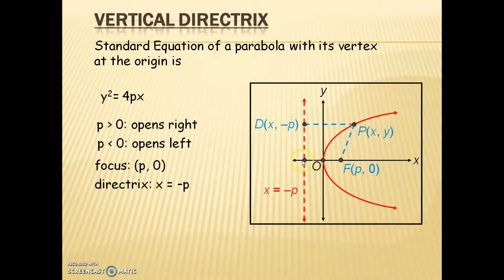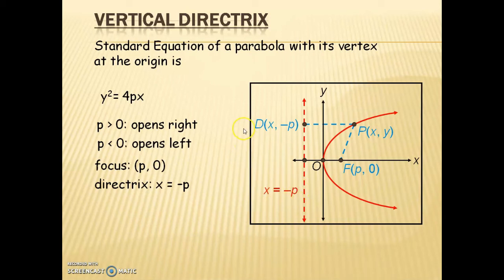It means it's decreasing. So from the origin (0, 0), decreasing means it becomes negative. So the line of our directrix here is x equals negative p.